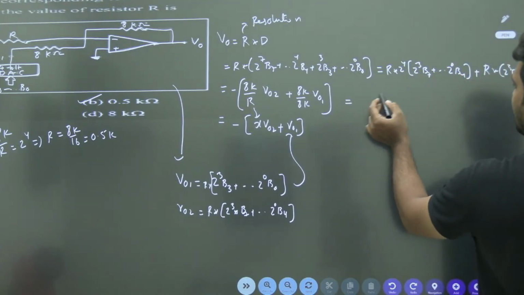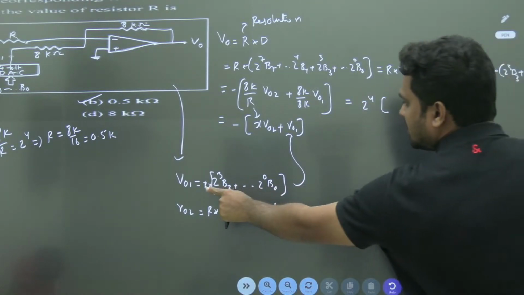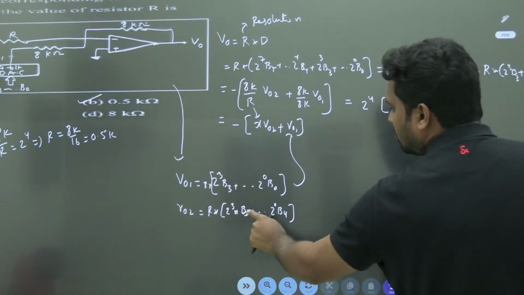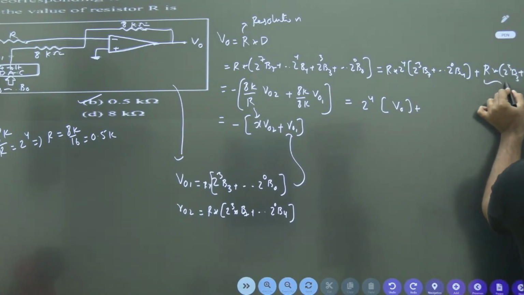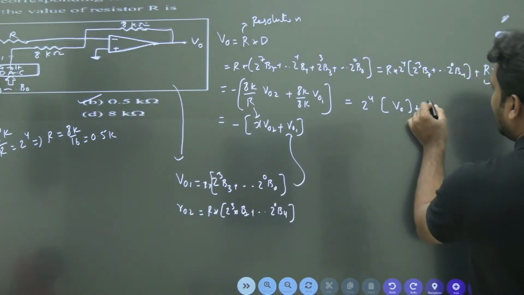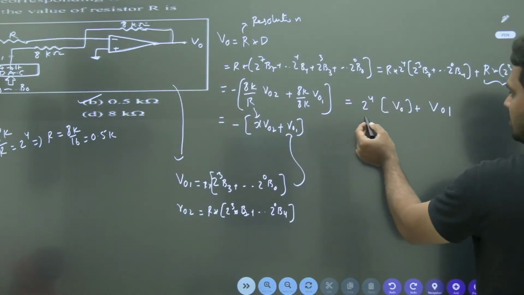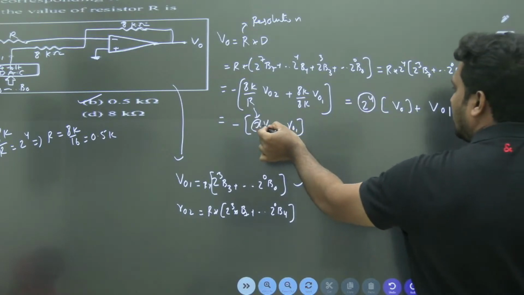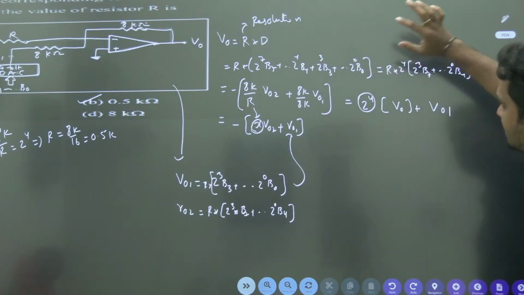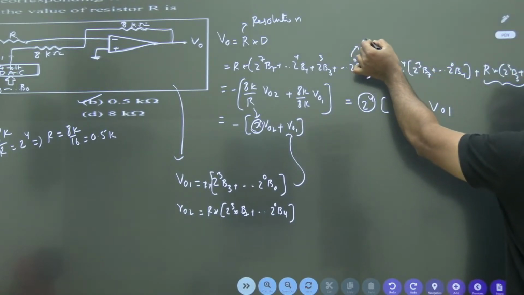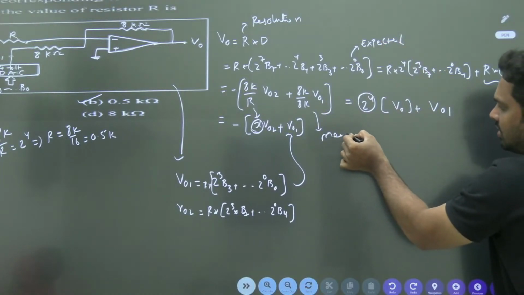So what is your required condition is 2 to the power of 4 into R into 2 to the power of B7 to 2 to the power of B0 is V02, plus R into 2 to the power of this to this, I am writing it as V01. Okay, so this is my required and this is what I am obtaining. You just check what is the value of x required comparing to this. This is the expected, this is the measured from the circuit.